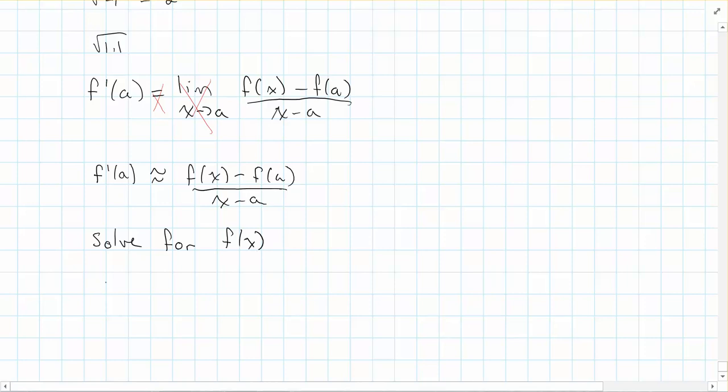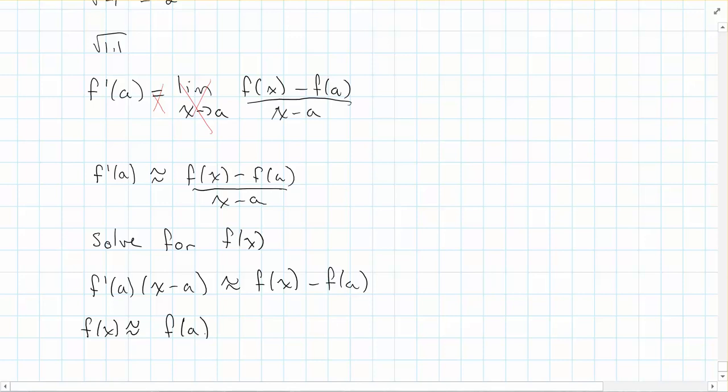Solving this for f at x, you'd have f prime at a times x minus a is approximately f at x minus f at a. And then solving it, we'd get that f at x is approximately f at a plus f prime at a times x minus a.